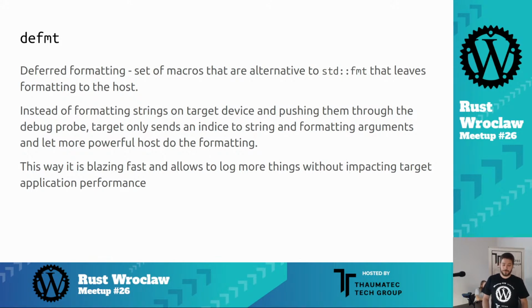So using defmt, when you build the application, you have the linker script, which creates the instructions for how to link all the sections of your program. And what defmt does is it uses a custom linker script that creates a fake section that will not go to the MCU.